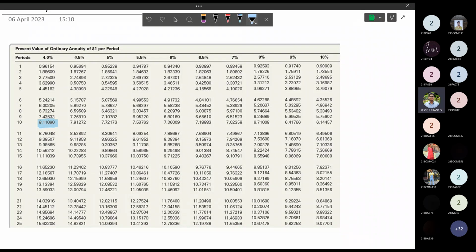We need to check across, period is given here, and across the right R percentage. What percentage is it? Check the value.